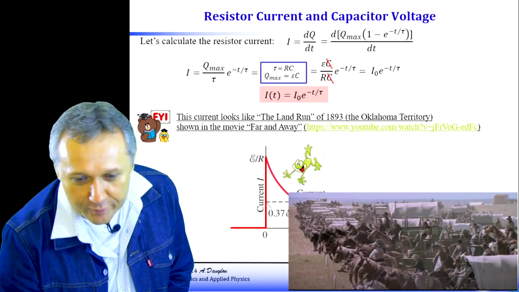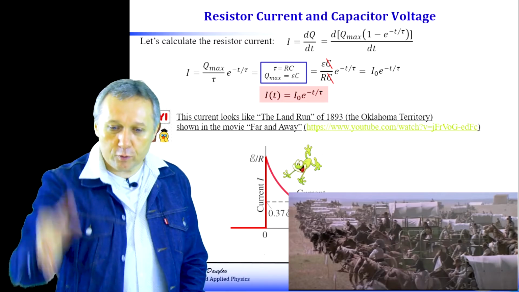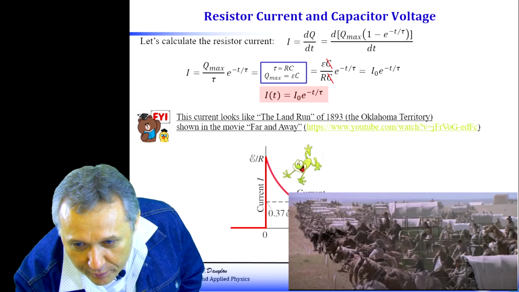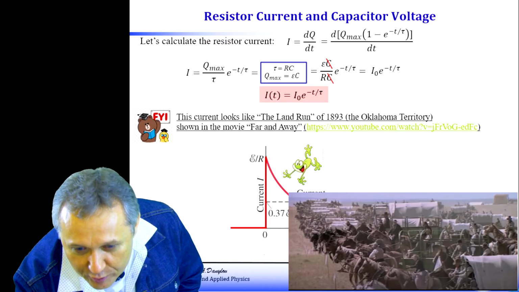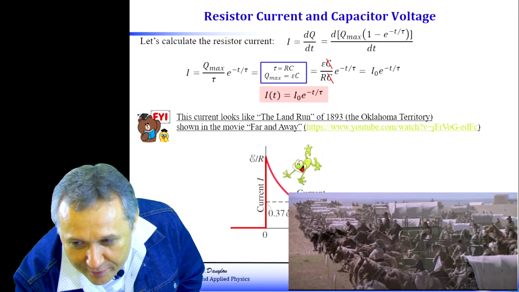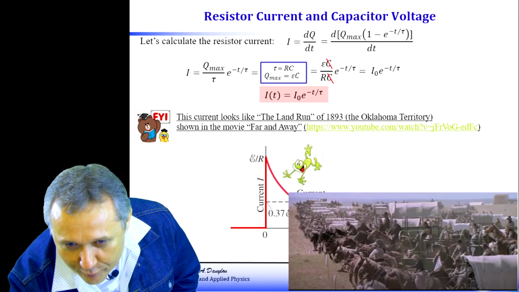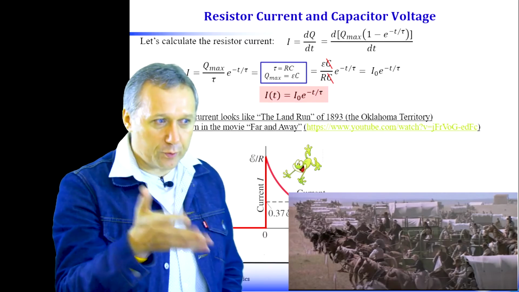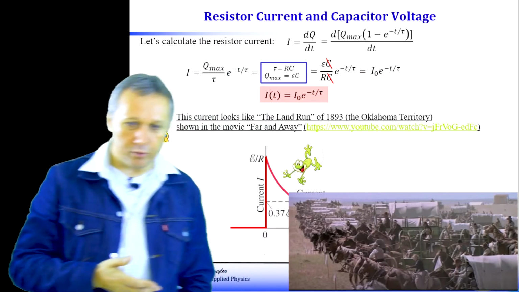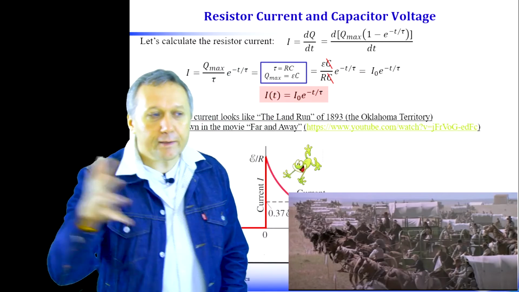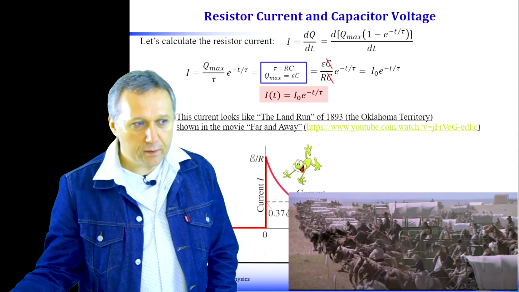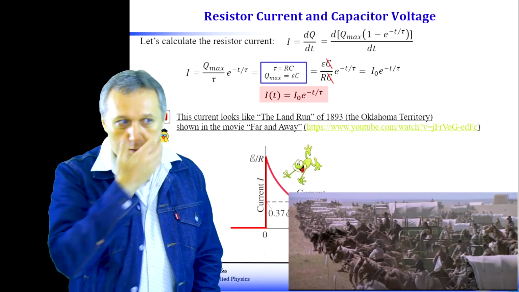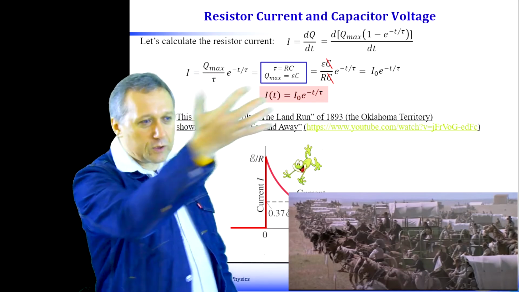Of course, at the initial moment of time, if you look at the cross section of this race, you will see that the number of farmers per unit time will be the largest possible. So the initial current is the largest. But later on, let's say a few minutes later, a new family will arrive on a horse carriage, and the husband will say, what's the point of going there?